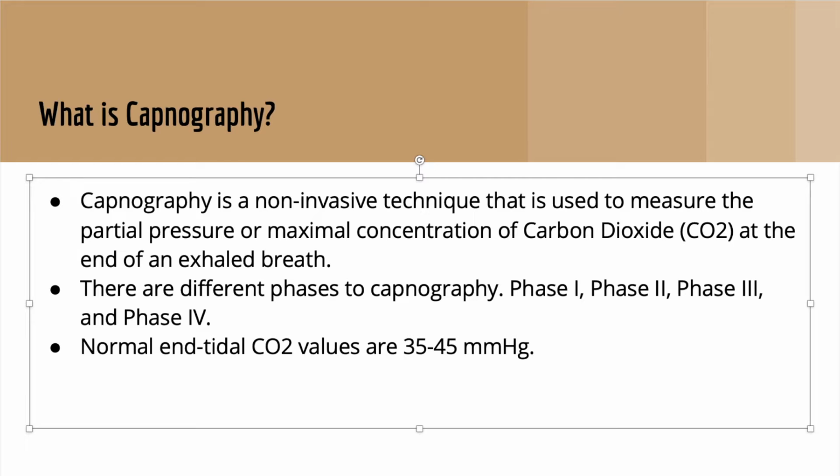When we're measuring capnography, we need to know what the normal values are. The normal end-tidal carbon dioxide values are 35 to 45 millimeters of mercury. That's important because based on those values, we can know whether the patient is ventilating properly or not ventilating properly.